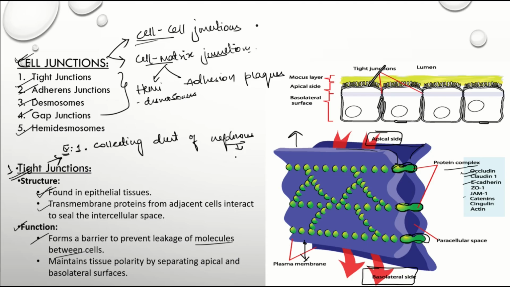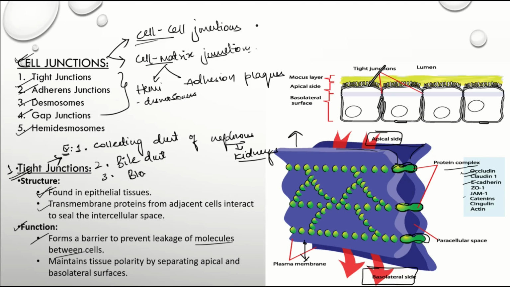Nephrons are the structural and functional unit of kidneys. In nephrons there is a structure called the collecting duct, and in that collecting duct the lining is provided by the tight junctions. It is also present in the bile duct, which is coming out of the liver.